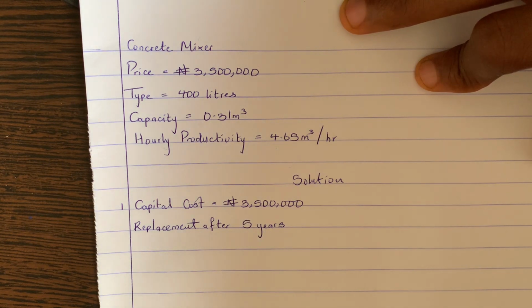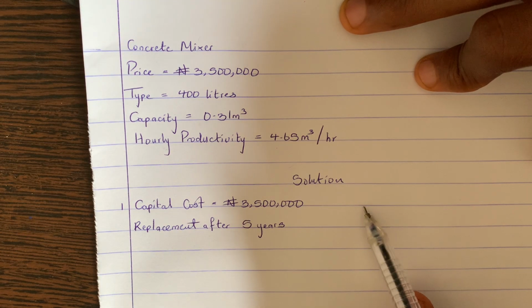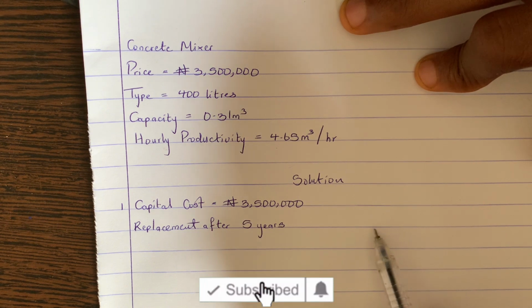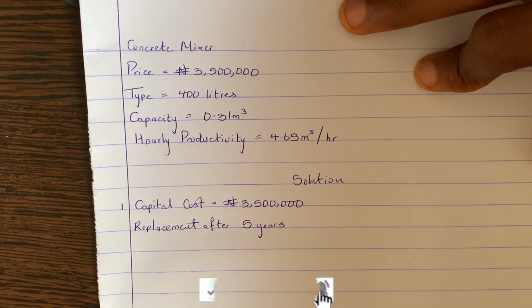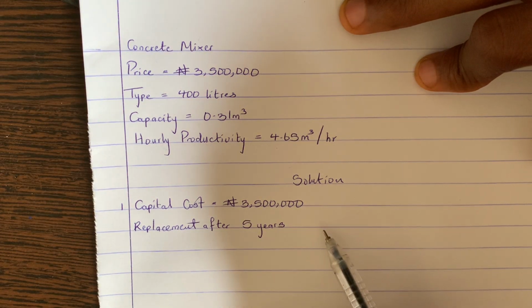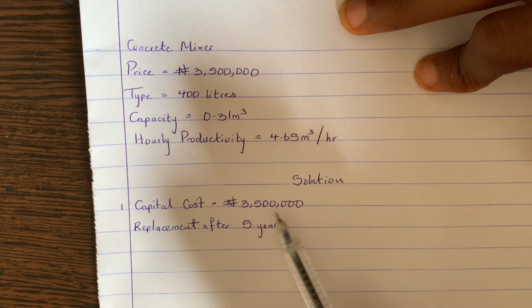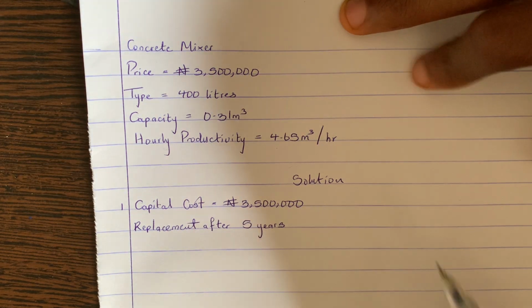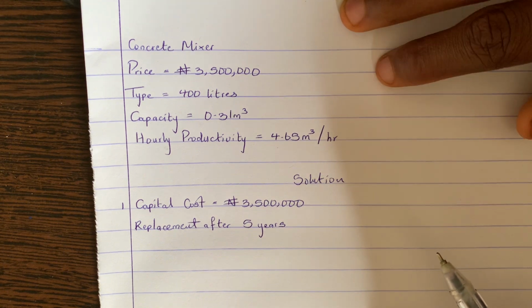So it means that we need to be saving at least 20% of our capital cost every year. I hope you understand what I just said. Every year we ought to have saved about 20% of the capital cost, so that in the next 5 years we would have gotten equal to or more than the 3.5 million that we used towards buying the concrete mixer.